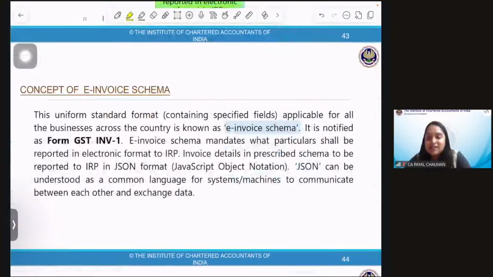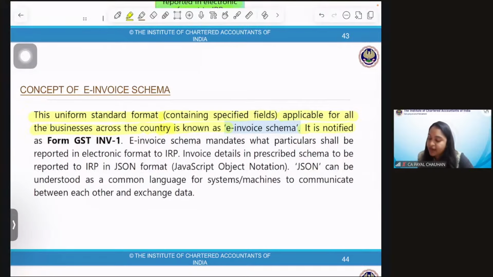Okay. It means take the prescribed fields. Perfect. Now, the next concept. Concept of e-invoice schema. We've already done it through a diagram, but for some of the MCQs I have more information. This is a uniform standard format containing specified fields applicable for all businesses across the country, known as the e-invoice schema.